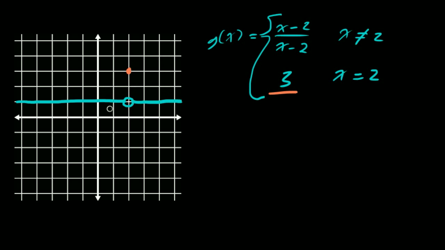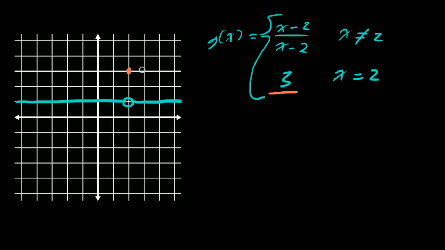And now you might be asking, well, for every possible x value I choose for this function g of x, I have my function defined. So even if I chose 2, I still have the function defined as 3. And you might ask, well, does this make it continuous?